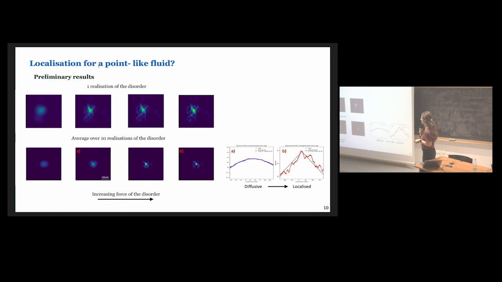The second row is for the average over 10 realizations of the disorder. With increasing strength of the disorder, we notice that we can go from a diffusive regime characterized by a Gaussian to a more localized regime characterized by an exponential decay of the mean envelope.